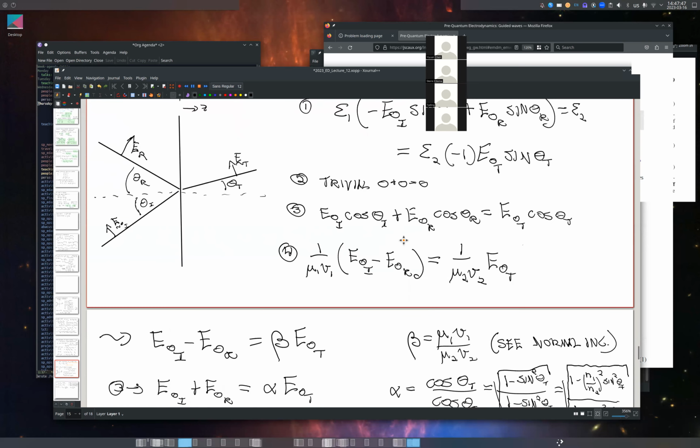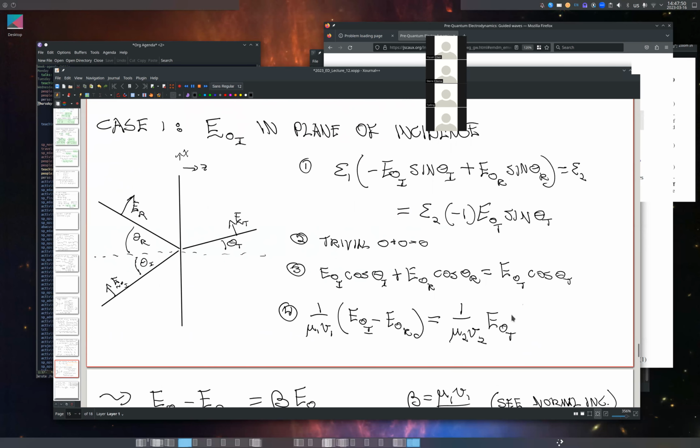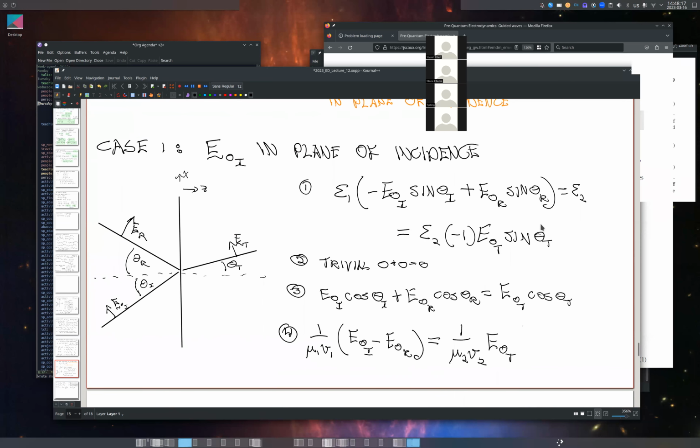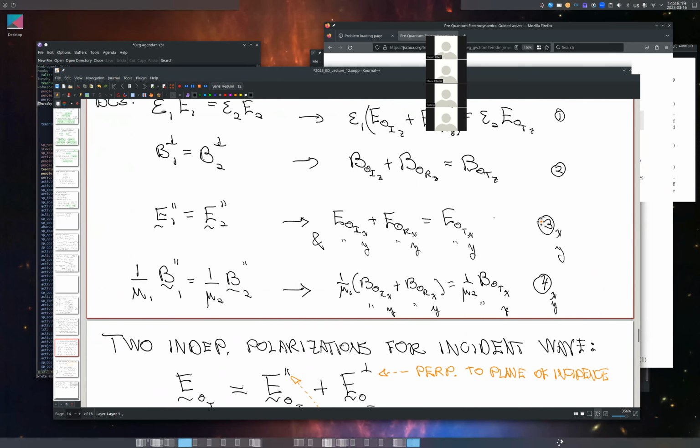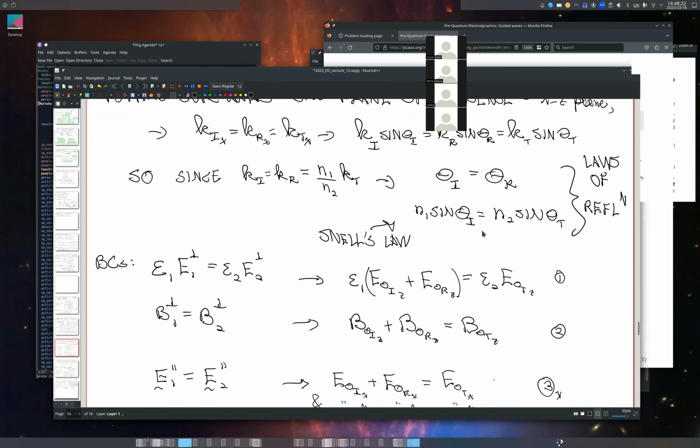Equation 4, if you look carefully, it's actually exactly the same as the first one, because the ratio of the sines of theta t and theta I is also equal to the ratio of the indices of refraction by Snell's law.